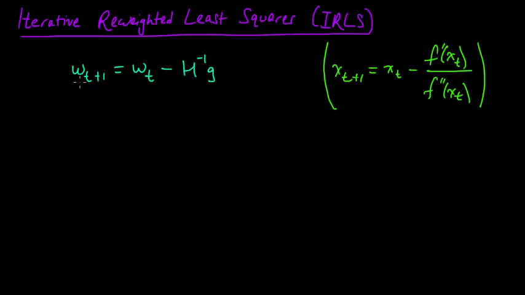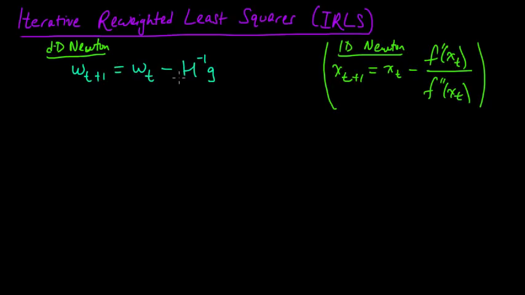So this is easy to remember if you can remember the one-dimensional form of Newton's method, 1D Newton, and this is D-dimensional, because w is in R^D. So let's see what happens now.